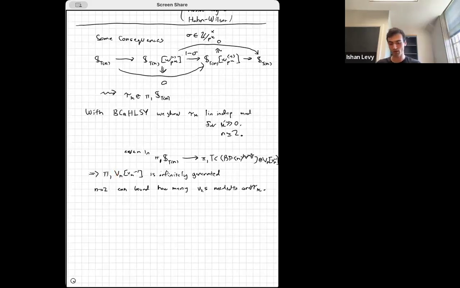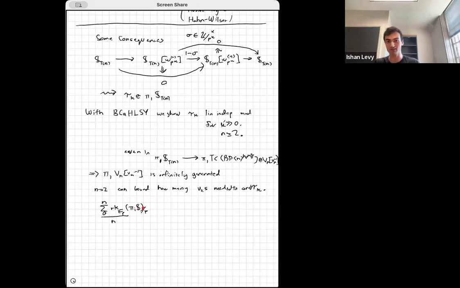And since the type n complex is just built out of finitely many copies of the sphere, you also learn a lower bound on the size of the homotopy groups of spheres. And so I'll tell you a concrete way to formulate that. One way is you can take the average from 0 to n of the rank over Fp of the homotopy groups of spheres mod p.